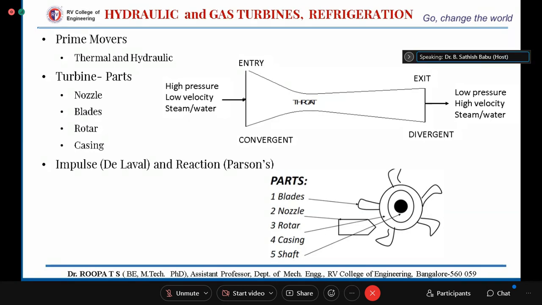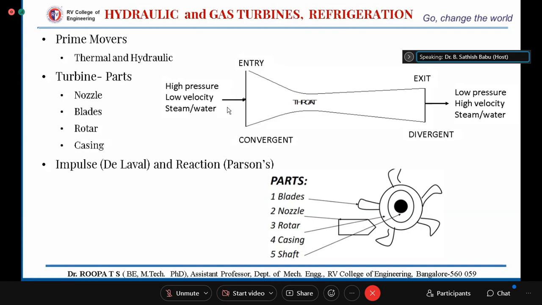So how are these nozzles designed? What happens to the energy and property at the inlet and at the outlet? How are they varied? That is very important, and we are going to understand that with this concept of nozzle effect.